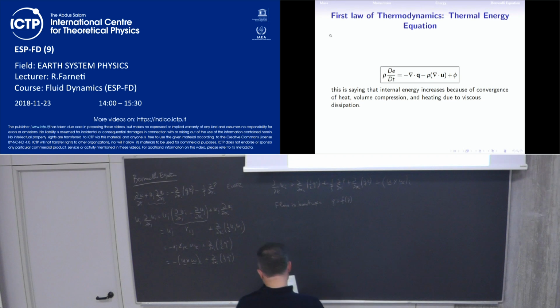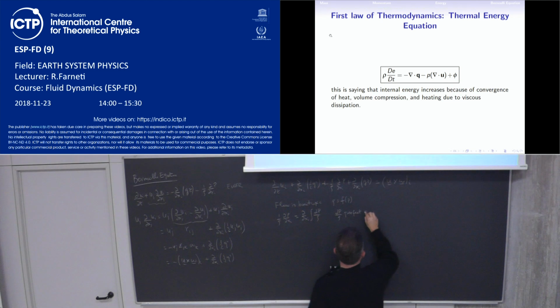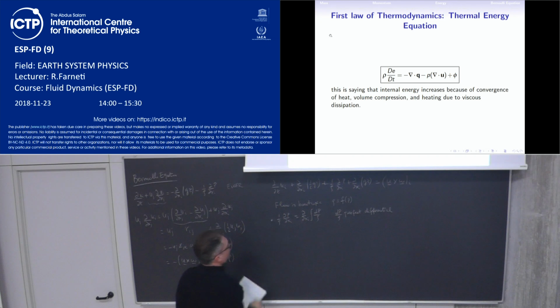So if we make this assumption, then we can write the pressure gradient in this form, where this is a perfect differential, just because we made the assumption of barotropic fluid.